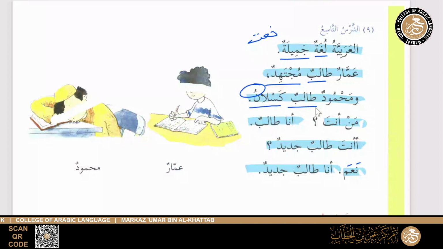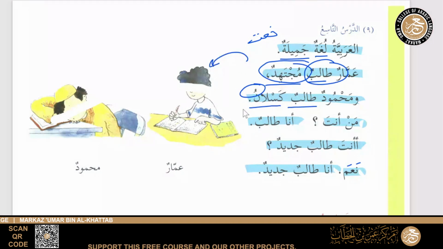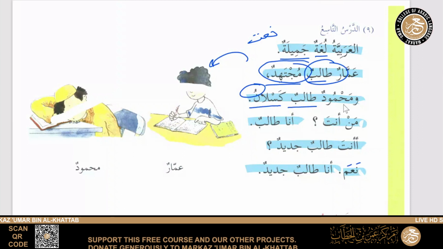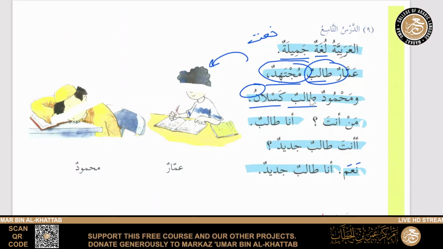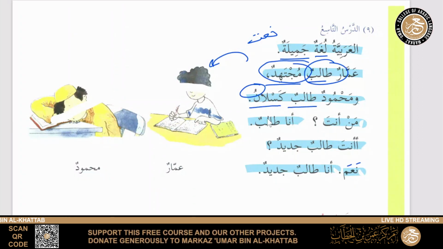So here we have طالب, as we mentioned, is منعوت, مجتهد is نعت. Mujtahidun means hardworking. So this is mujtahid, hardworking. And then Mahmudun talibun kaslanu.